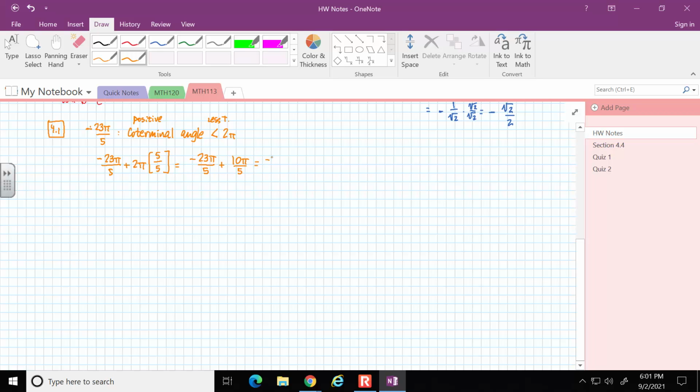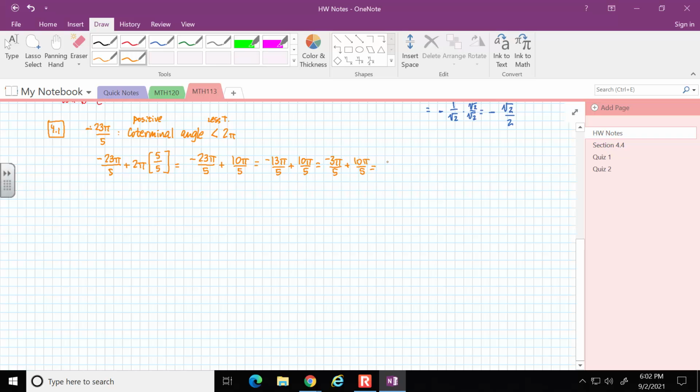So in this case, I would get negative 13 pi over 5. So I'm just going to repeat that, right? I'm going to add 10 pi over 5 again. So that's going to give me negative 3 pi over 5. Well, that's still negative, still not positive, so I got to redo it again. So I'd say, well, plus 10 pi over 5.